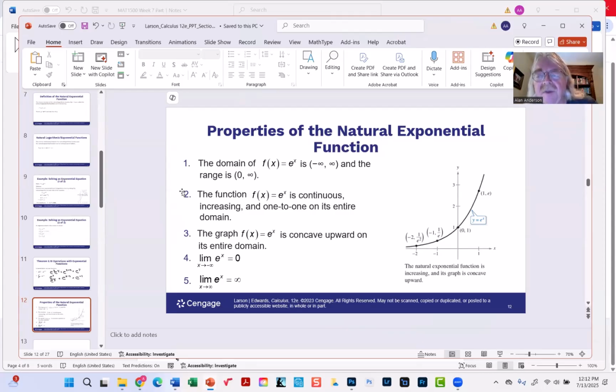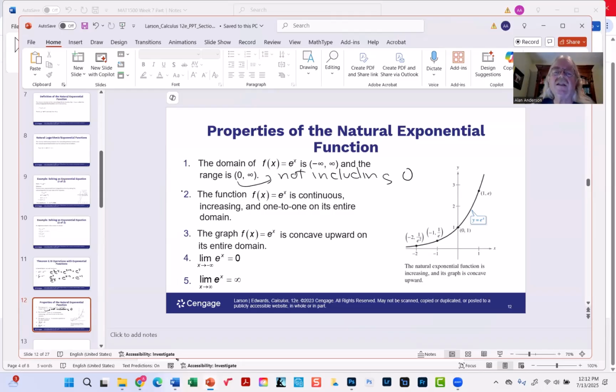At the same time, because the horizontal axis is an asymptote, the range is 0 up to infinity, but not including 0. So it's everything from 0, not including the 0, up to infinity.